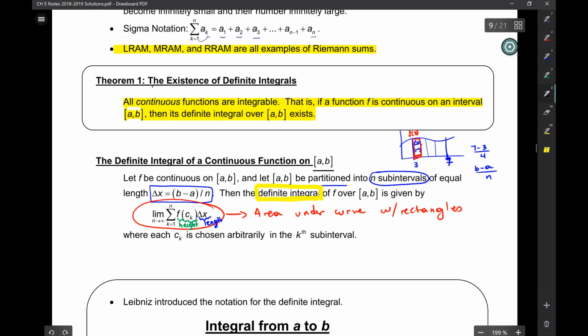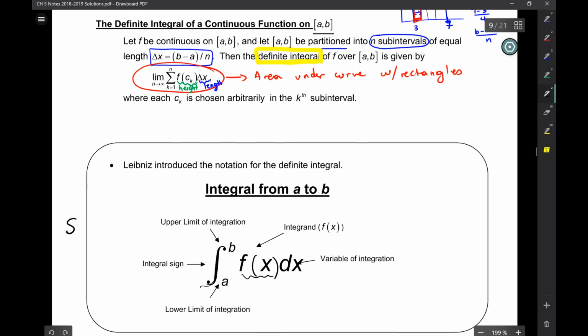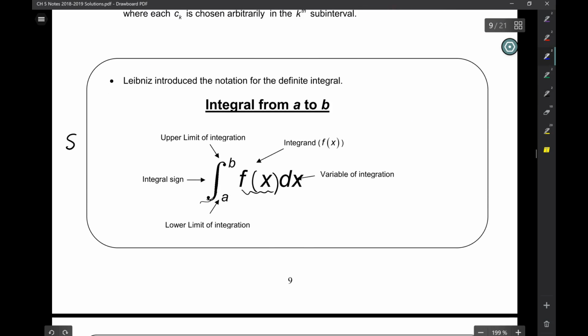What was f of x? It was the height, right? So this is the height. Instead of delta x, here it is. The Greek alphabet is alpha, beta, gamma, then the fourth one is delta, right?